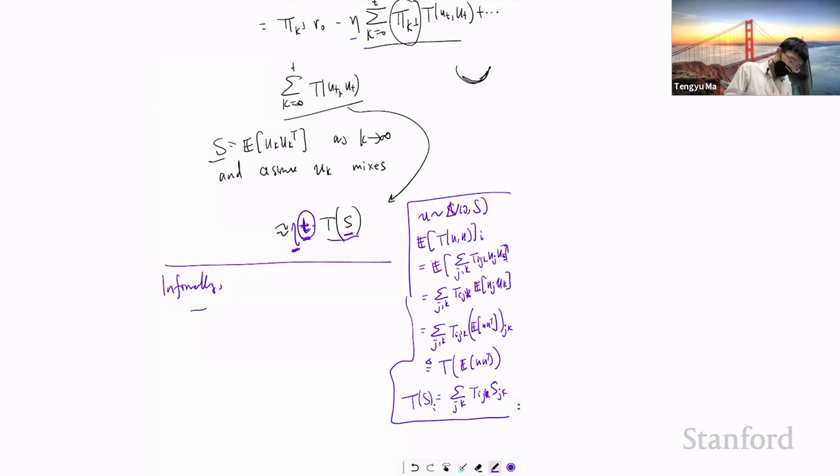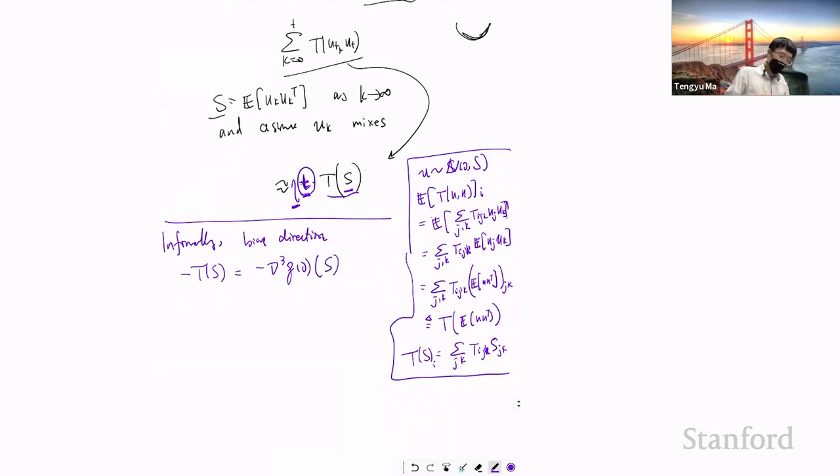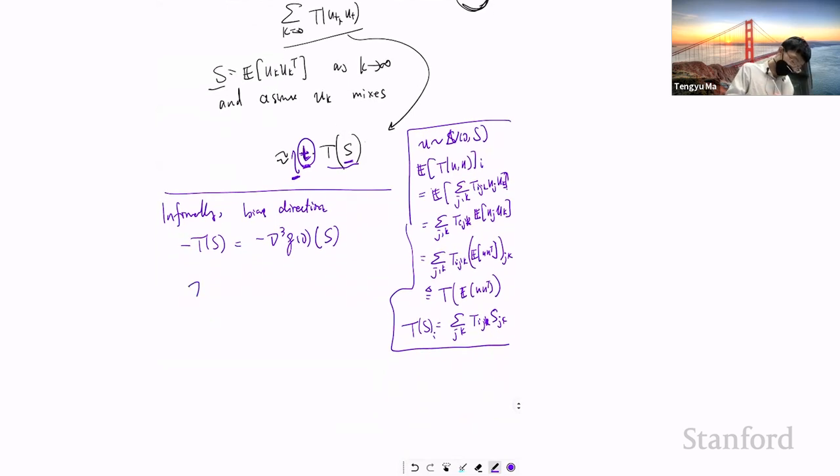So this bias direction, minus T(S), remember what T is. T is the third order derivative, and S is just a matrix for the moment. You can rewrite this.